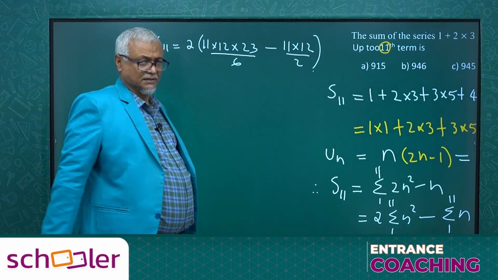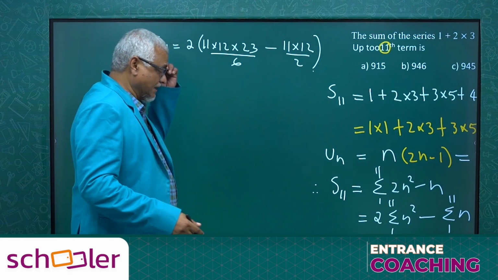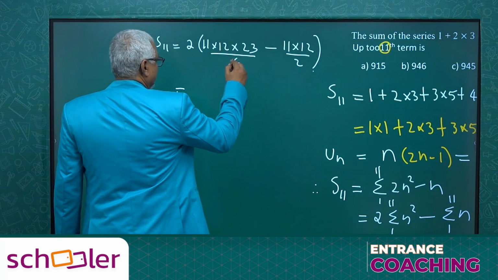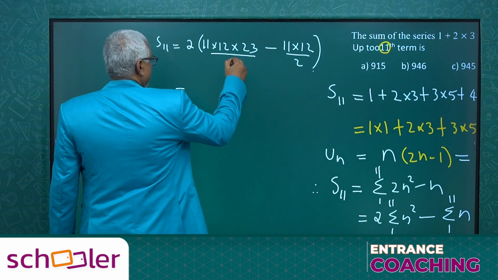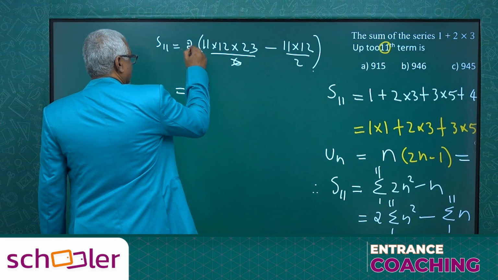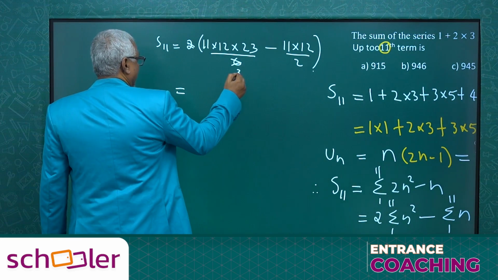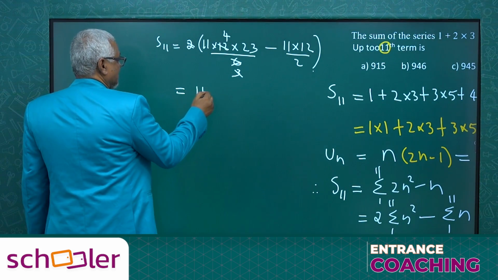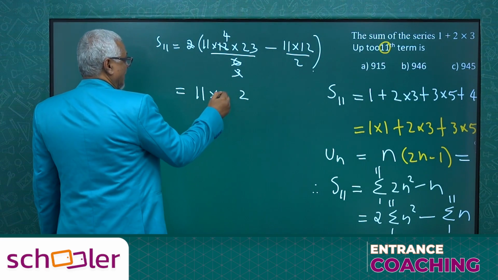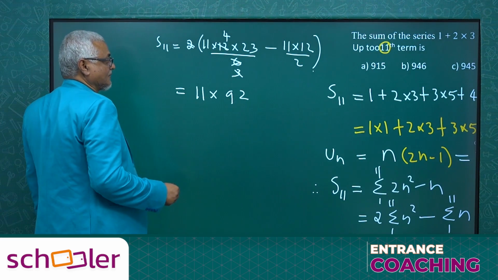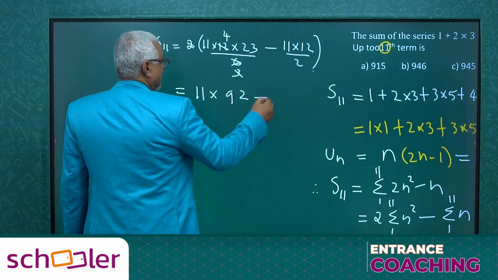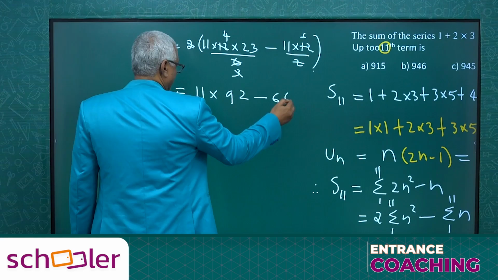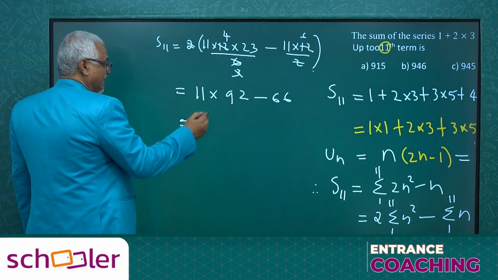Okay, you can simplify. Come on, do it, find the answer. You can write 6 as 2 into 3. So, 2 will cancel, we get only 3, and this 3 goes into 12 four times. 4 into 23 is 92. Minus, here 2 goes into 12 six times, 66. Okay, 92 into 11.